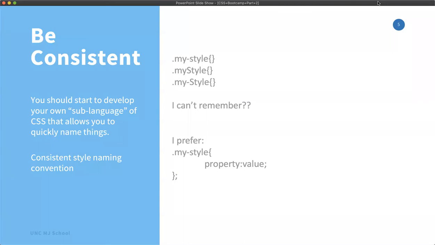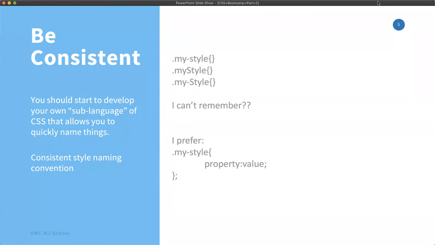One of the ways we do this is by what class names we choose. As you know, we can choose any class name that we want, but just because we can choose anything doesn't mean we should. The typical standard is that when you have two words, you use a hyphen between them and you keep it lowercase.